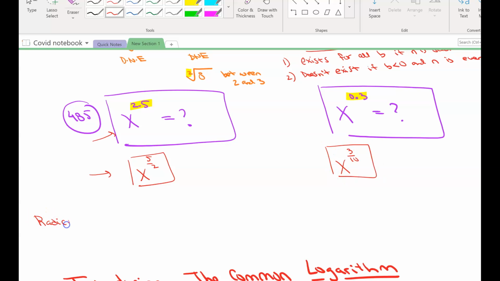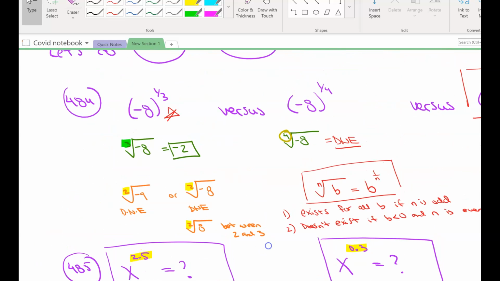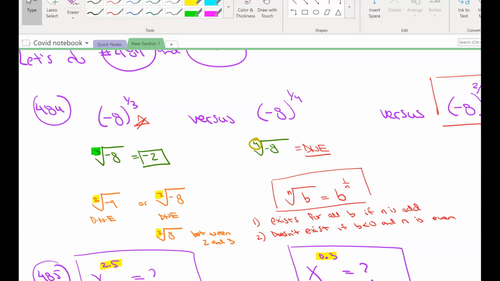A radical expression is an expression that involves exactly a radical. For example, let's go back up here. These two expressions, -8 to the 1/4 and the 4th root of -8, are equivalent. This expression involves a rational exponent. This expression just involves the radical symbol.